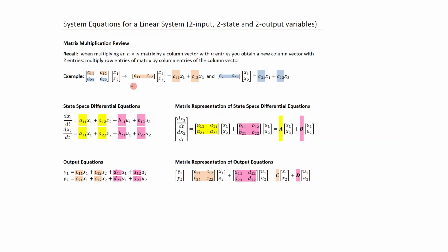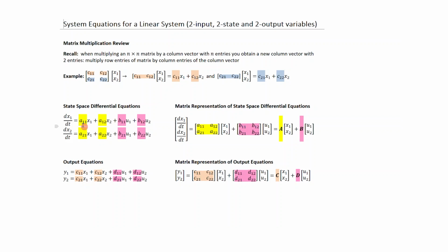Knowing the rules of multiplication of matrices look like this, we can start with this state space differential equation set. In this case, I said it's linear, meaning that everything on the right here is a linear function of the state variable or the input variable. Here, for instance, a11, a12 are associated with the state variables, b11, b12, and so on are associated with the input variables.